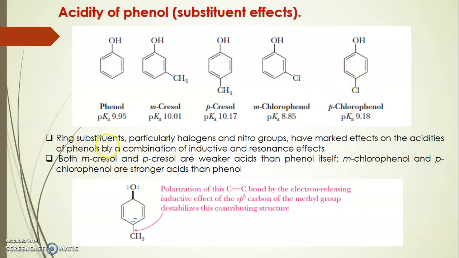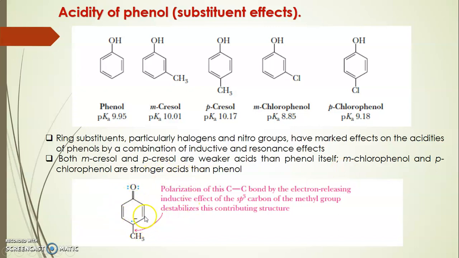So what is the reason for that? Ring substituents, particularly halogen and nitro groups, have a marked effect on the acidity of phenol because they play two roles: the inductive effect and the resonance effect, the two main factors that decide the acidity. So nitro and chloro have both inductive and resonance effects. Meta-cresol and para-cresol are weaker acids than phenol, and meta-chloro and para-chloro are stronger.